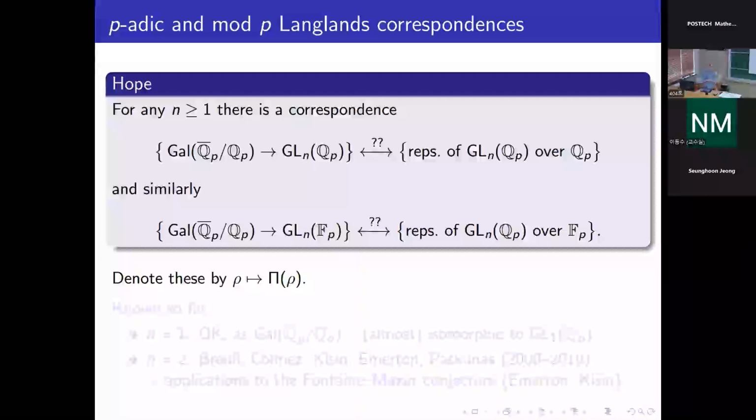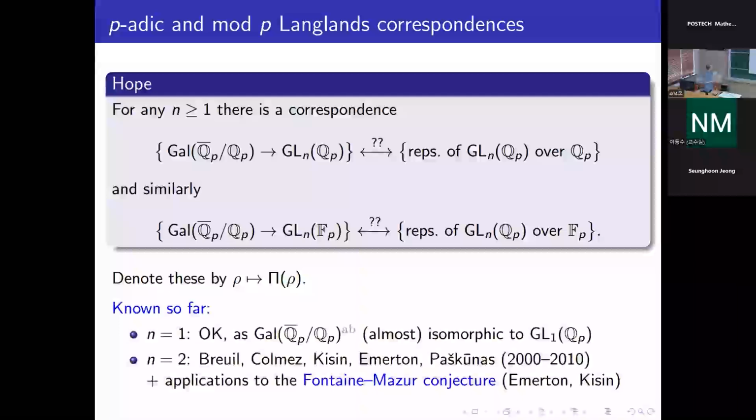Maybe I should have put a question mark into it, but there are some things that are known. So when n is equal to 1, there's an easy way to know that there is such a correspondence in both settings, p-adic and mod p, basically because when n is equal to 1, GL1 is a commutative abelian group. So we only really care about the abelianization of this Galois group.